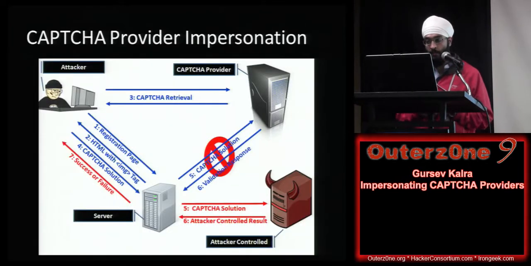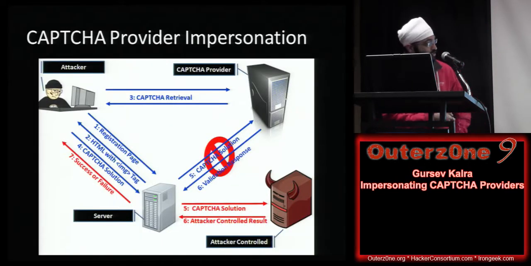So the impersonation part, what we are going to see here is, as I said, if you are able to impersonate and redirect the verification traffic to your server, you can control the entire response, and you can bypass the entire protection, which is the CAPTCHA validation protection. So here is how it goes. Steps 1, 2, and 3 are complete as we saw earlier.